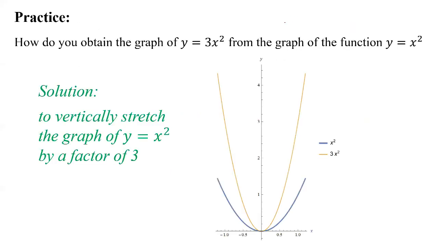Okay, so if we illustrate this in the graph, this is our original function, right? And if we multiply a factor of 3 here, the new function should look like this. This is our new function, right?